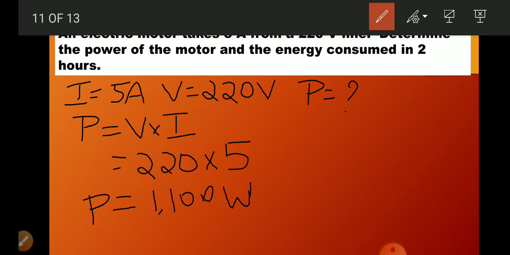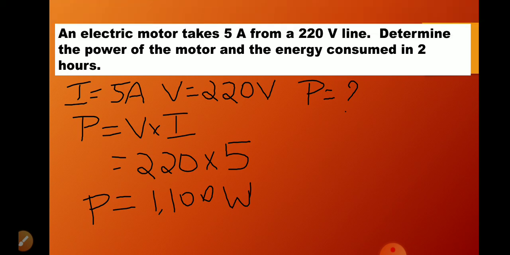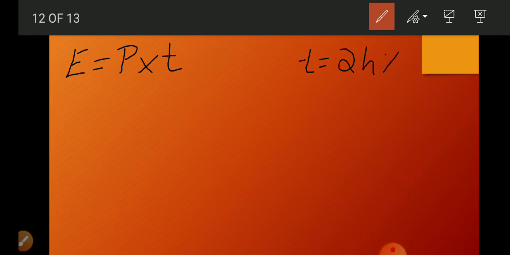Next we have to calculate the energy consumed in 2 hours. Energy E is equal to P into T. Time is 2 hours, and you have to convert it into seconds.